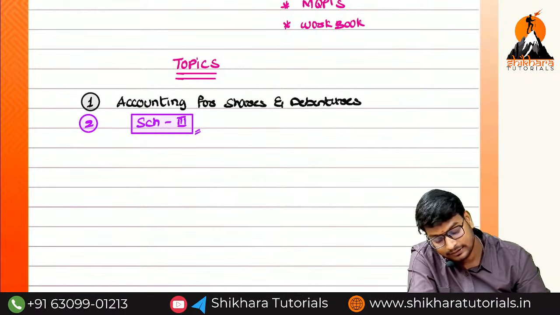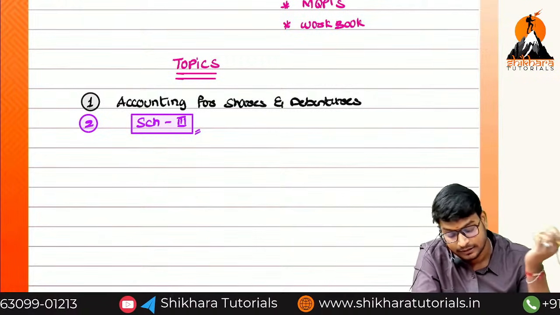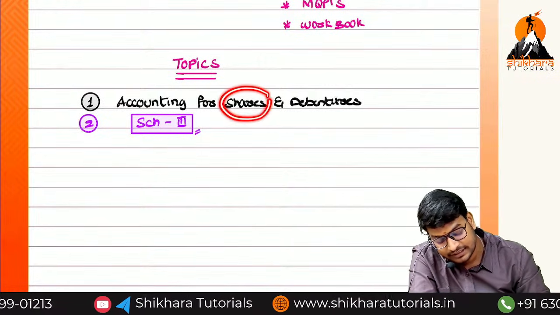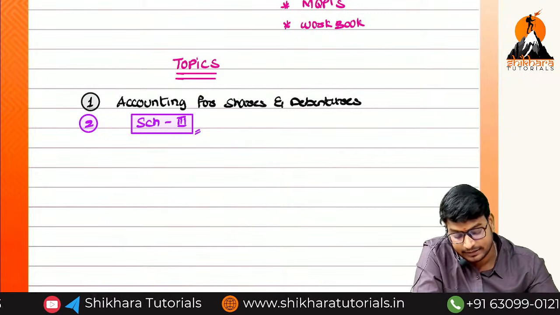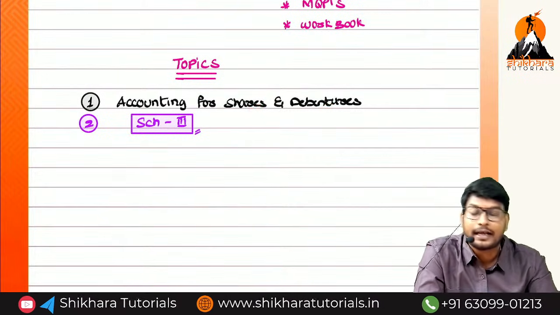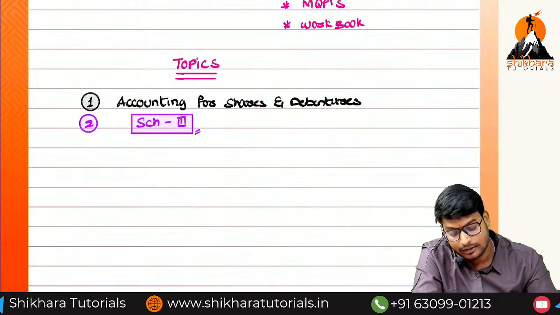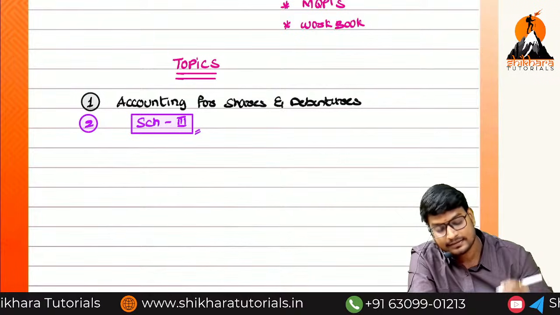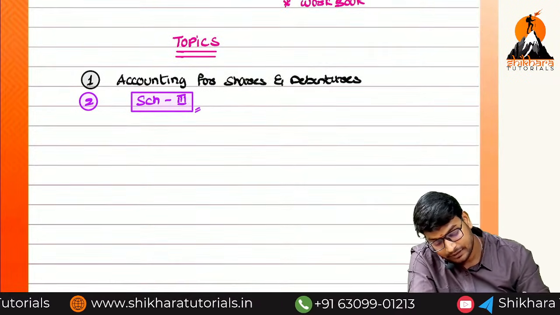For that reason, in the company there are special transactions like shares and debentures. How do we do the accounting for shares and debentures? First of all, we don't know the meaning of share and debenture. I have to explain the meaning of shares and debentures in the chapter called accounting for shares and debentures.